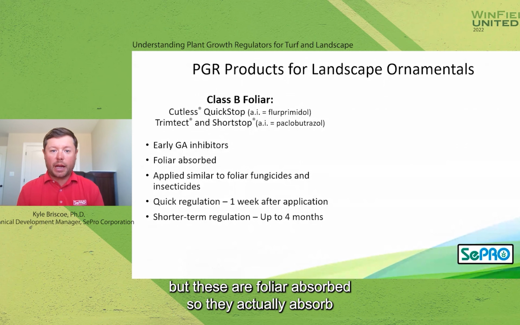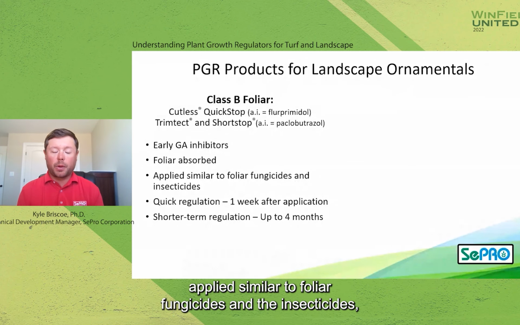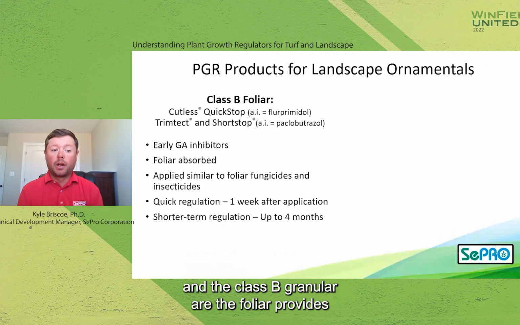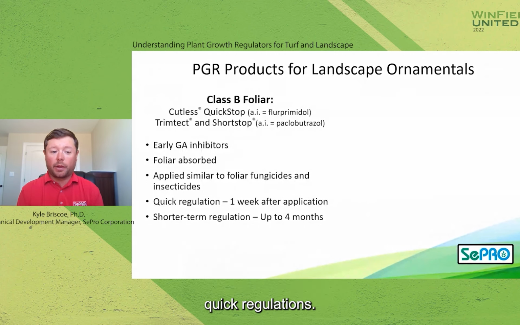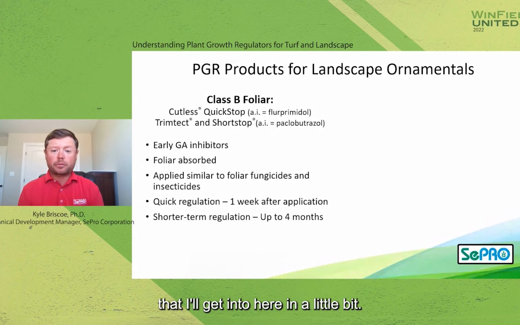So they actually absorb into the foliage, into the growing tissue, applied similar to foliar fungicides and insecticides. The two main differences between the Class B foliar and the Class B granular are the foliar provides quick regulation, so about 1 week after application, but it is shorter term, so up to 4 months. It's really kind of species dependent, which I'll get into in a little bit.